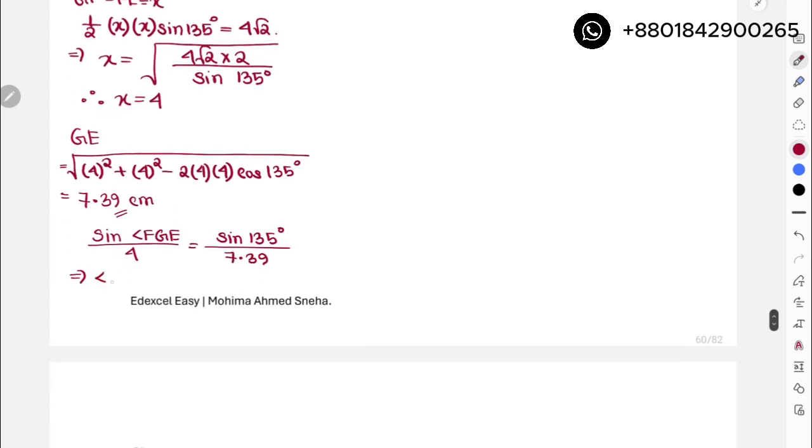Now I can make angle FGE the subject of this formula, which will be sine inverse of 4 sine 135 divided by 7.39, and that gives your value of 22.5 degrees.